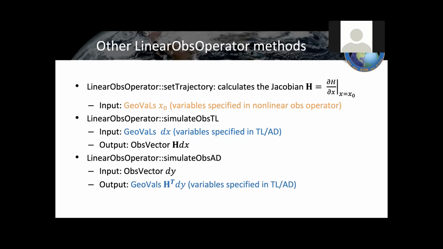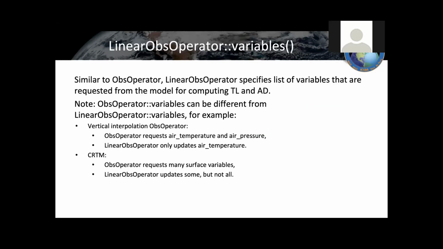Another takeaway is that we can differentiate on different variables than we otherwise use in our regular observation operators. I just provide two examples here. Say that you're trying to do vertical interpolation. Our regular operator requests that you provide both air temperature and air pressure. But when we're running the linear observation operator, we only are updating our air temperature. Air pressure is assumed to be completely unchanged and constant.